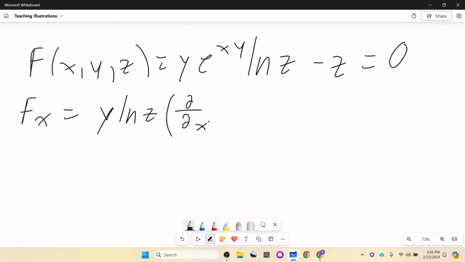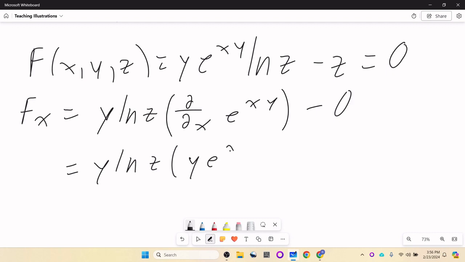Del over del x of e to the xy minus 0 equals y ln of z times chain rule here would be y e to the xy. So we get y squared e to the xy ln z.